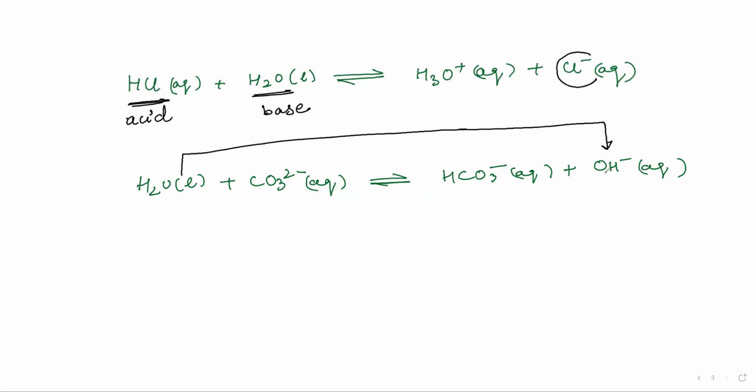There is loss of a proton from the water and it is changing into OH negative ion. So water is basically donating a proton to CO3 2 negative. So water is acting as an acid, and CO3 2 negative is gaining a proton and changing into HCO3 negative, like carbonate changing into hydrogen carbonate. So there is a gain of a proton, so this will act as a base. Fine. I hope this is clear.